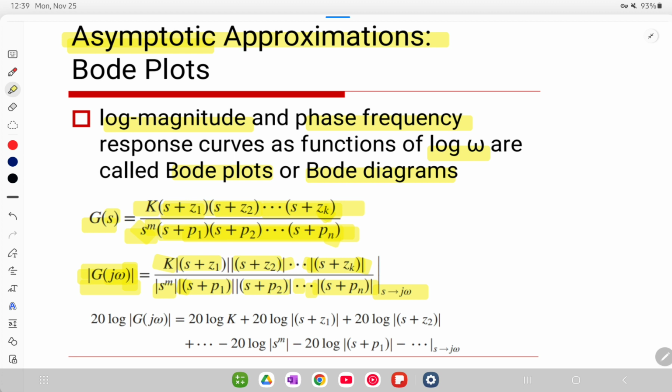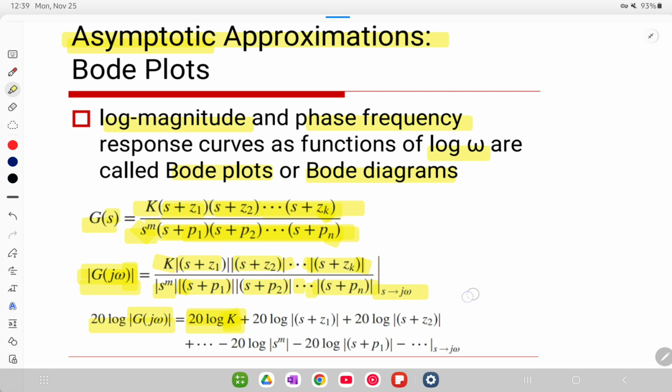In logarithmic form, we always go with 20 log base 10 of the magnitude of G of j omega. First, do not forget, you do have to convert that K. So 20 log K is the first value. That will set where your initial gain is.